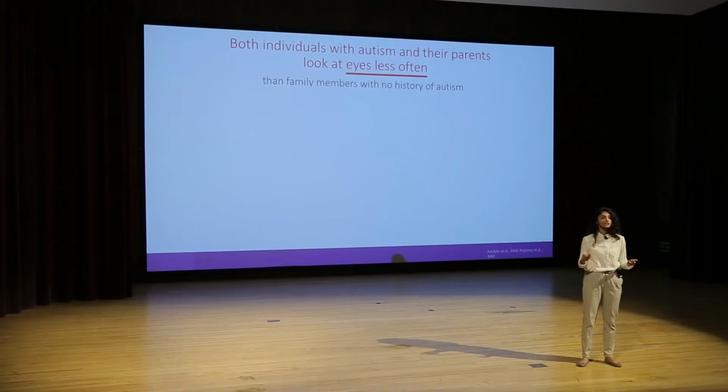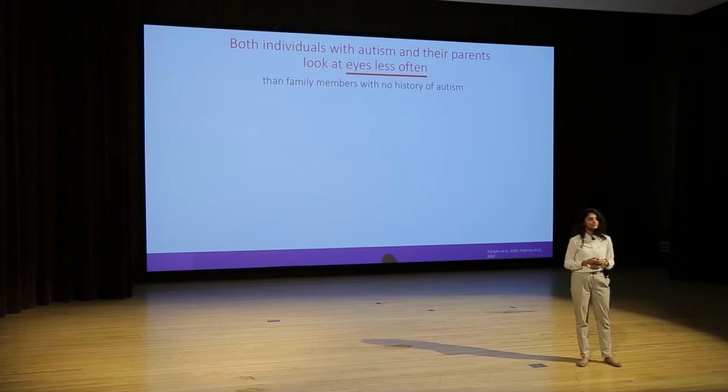We also now know that social interactions can be influenced by how we see our world. Recent work has used eye tracking to show that parents of individuals with autism and their children with autism look at the eyes of another person's face less often than individuals without autism and their parents.